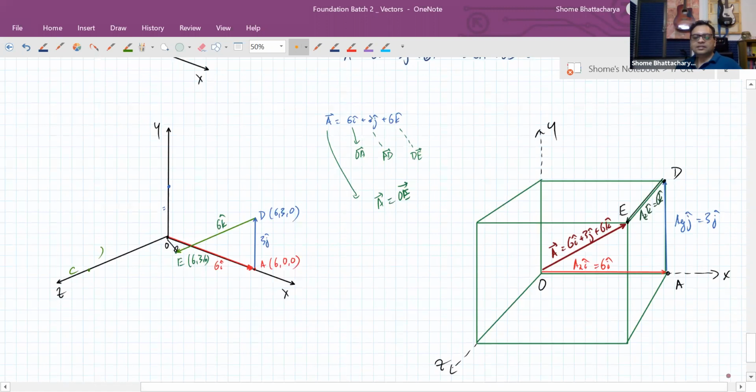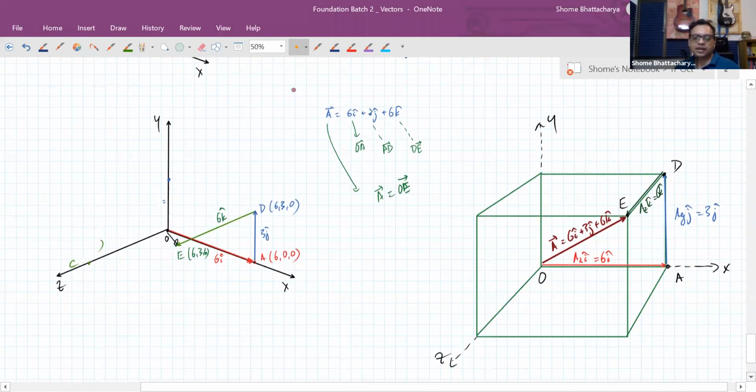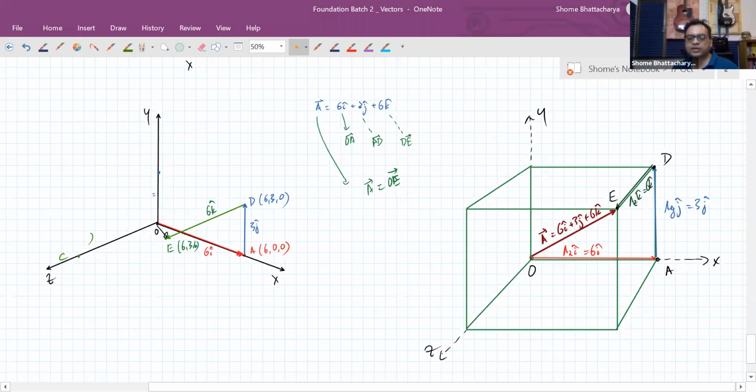From this visualization, you can understand how we geometrically construct the vector which is the sum of the three components. It is the body diagonal, that is a diagonal going from one vertex through the body of the cuboid to the other vertex, of a cuboid whose sides are AX, AY, and AZ. That's how we can visualize the three-dimensional vector.